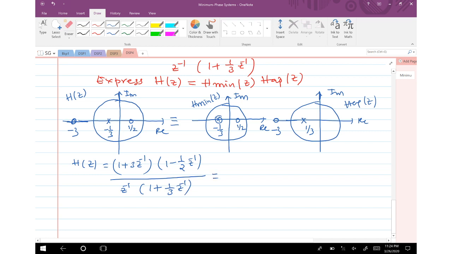First we are going to write its minimum phase expression. So what would happen then? Where is the problem with this term?